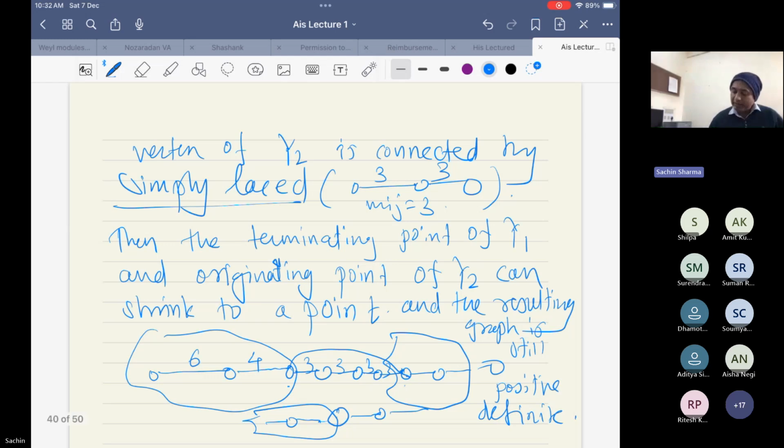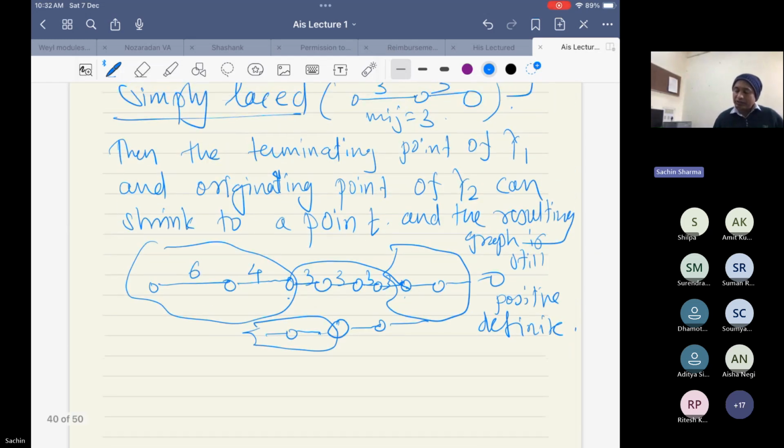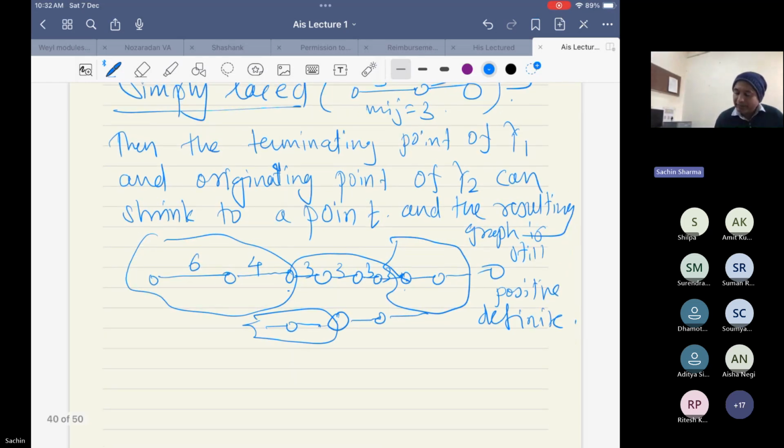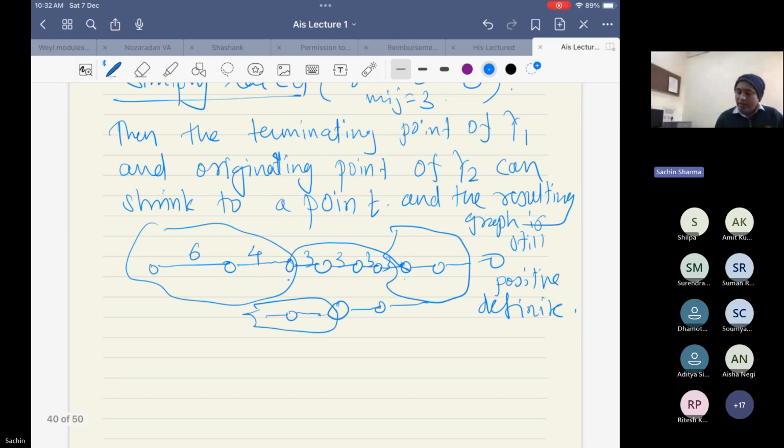It's a very important result. I urge you to see Bourbaki or Humphreys for its proof. I'm not going to entertain it here, but it's not very difficult, and I urge you to see the book.